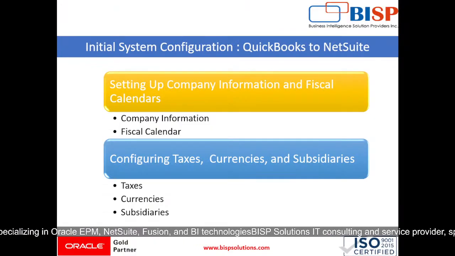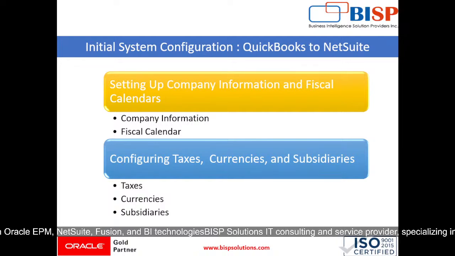After that comes configuring taxes, currencies and subsidiaries. So first of all, taxes, we have to navigate to the setup option. Under setup we will be getting the taxes option. Under taxes we will be having tax setup to configure tax codes, rates and jurisdictions, which enables taxation preference for automatic tax calculations such as VAT or GST based on regional compliance needs.